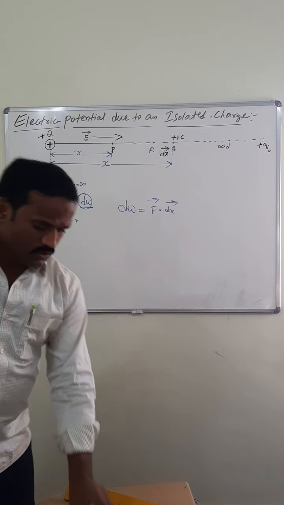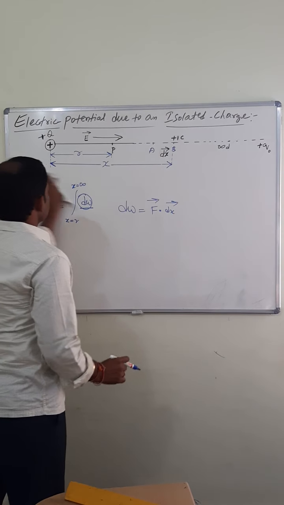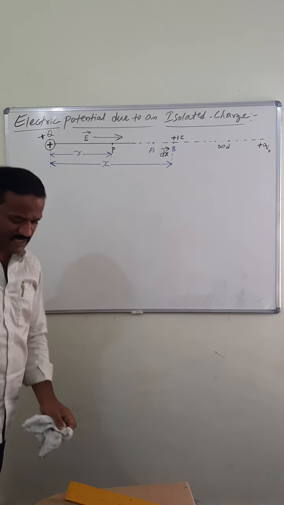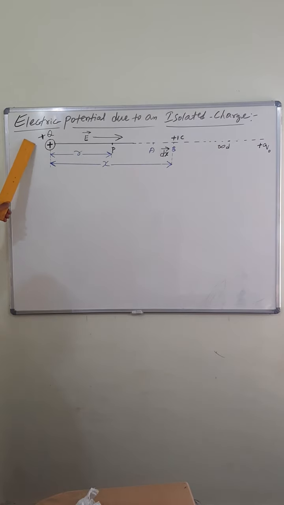Therefore, how to approach this? First I should calculate the small amount of work done. Please pay attention here. This is a source charge of magnitude plus Q, whose electric potential should be calculated at a given point P at a distance R from the source charge.